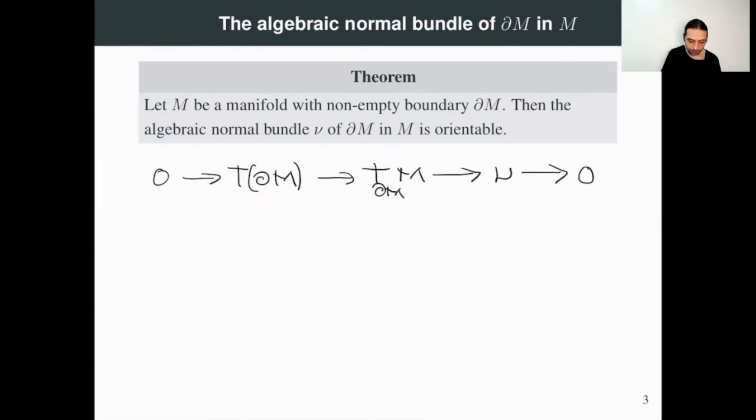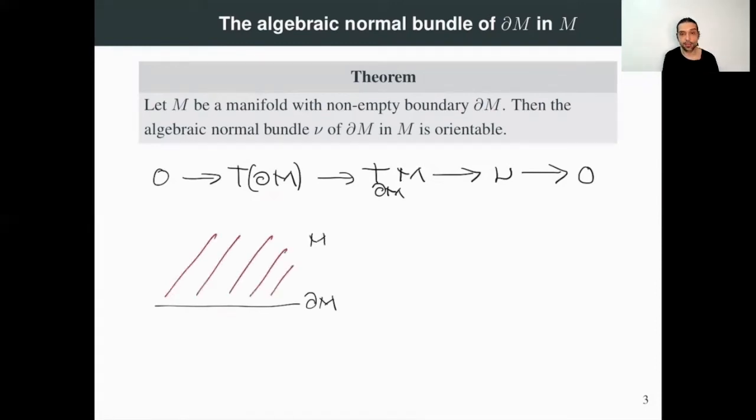But what we have is that if we consider the local situation, we can actually choose a chart for our manifold in which the boundary of M is given by the vanishing of one of the coordinates, for instance, the first one.